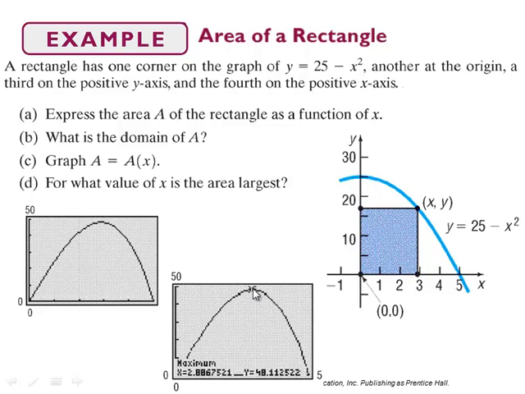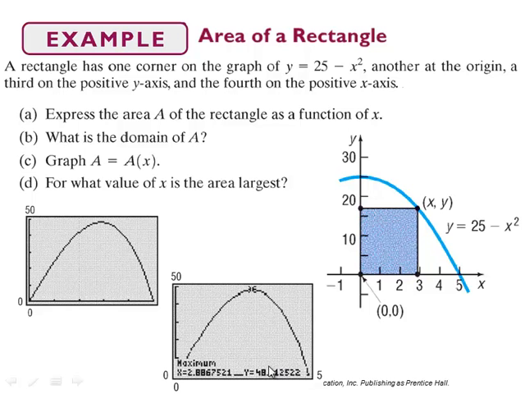That maximum value occurs here. Here's the x and y coordinates. Meaning when x is equal to 2.8867521 approximately, the area is going to be 48.112522 units approximately.